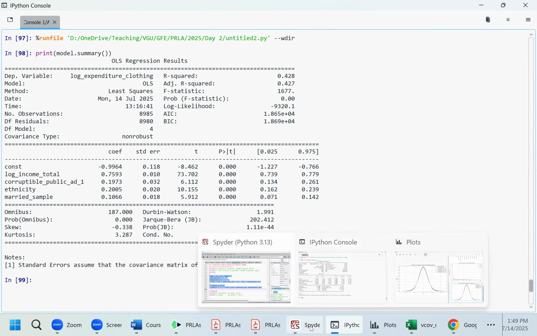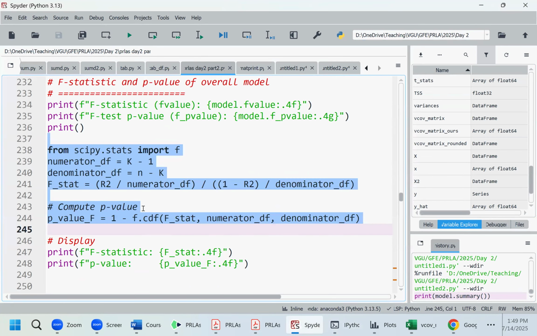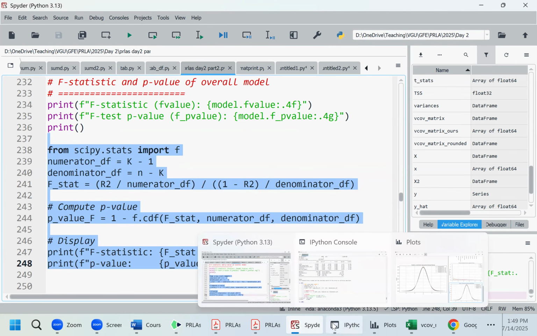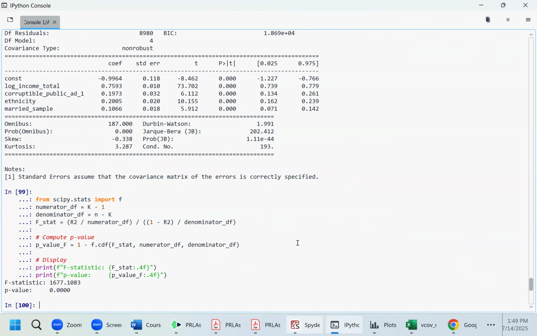Not yet. Now I want to show you that our estimates are very much similar to the ones in the table.